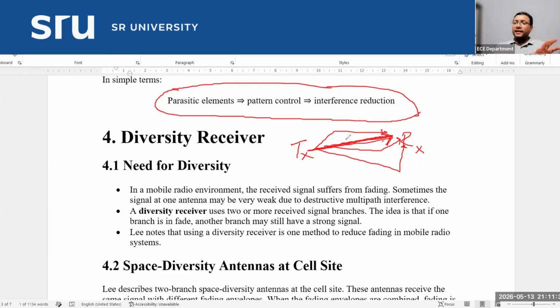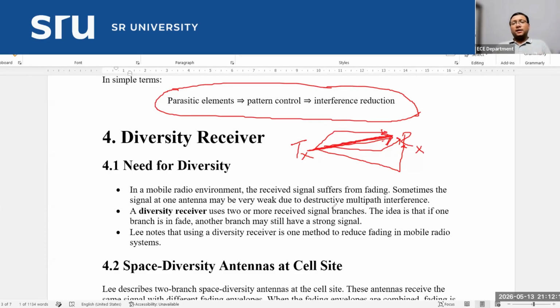Because at a single point I am standing, and there is a high chance that due to the position of the reflectors, if the signal is following some pathway, the resultant phase is just 180-degree between this direct path and reflected path, so we will have some fading effect. So it is always advisable that whenever we will be receiving the signal, we will not use a single antenna. Rather, I will be using multiple antennas.